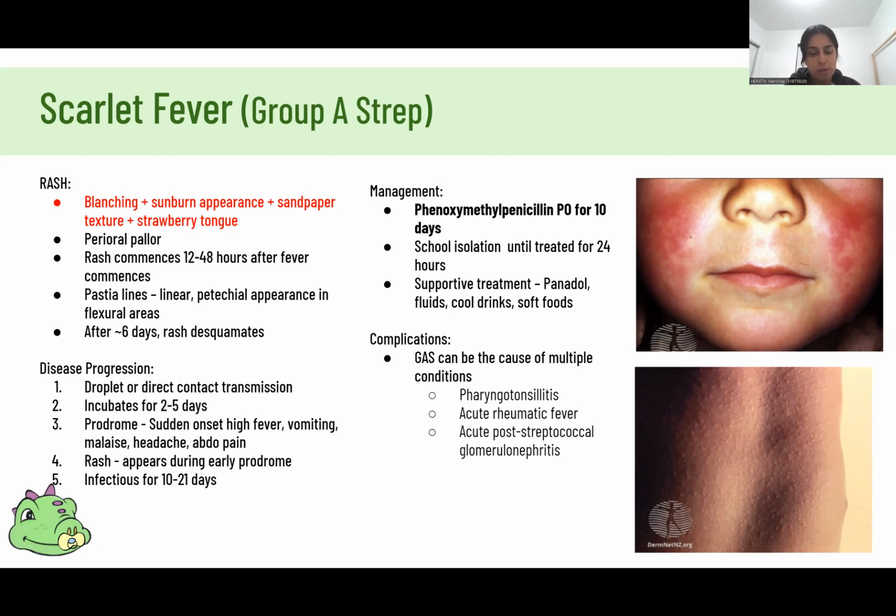They'll also get a strawberry tongue similar to Kawasaki disease, but with scarlet fever you won't see it so much in younger kids. You'll see it in slightly older kids. And then treatment is phenoxymethylpenicillin for 10 days, school isolation, also just because the kid will feel quite unwell, and then symptomatic treatment as well.